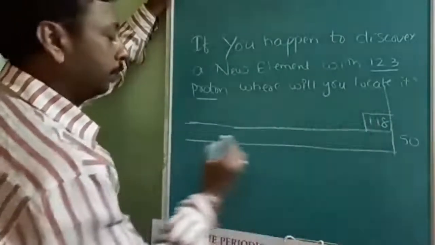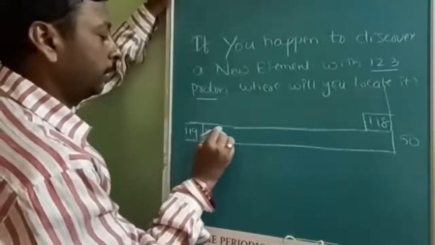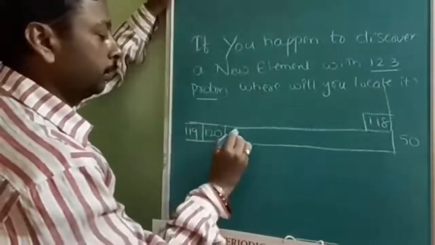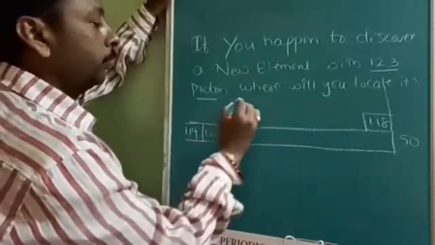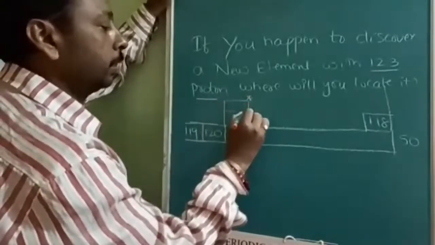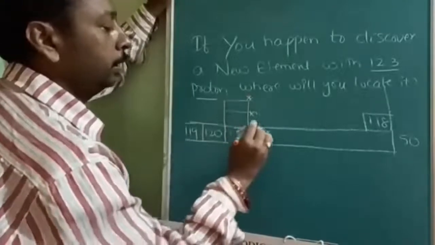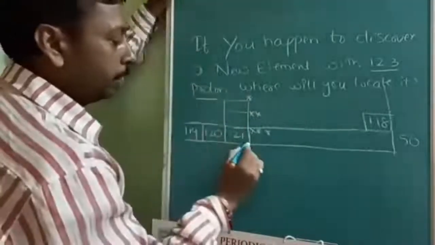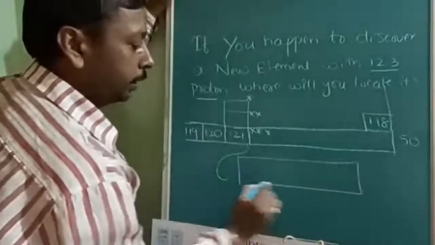Okay. 119 will be an alkali metal. 120 will be an alkaline earth metal. 121 will be D block. I already told you in the previous lecture, this will be 1 star, this will be 2 star, and this 121 will be 3 star. After 3 star, we will go below the lanthanide and actinide.